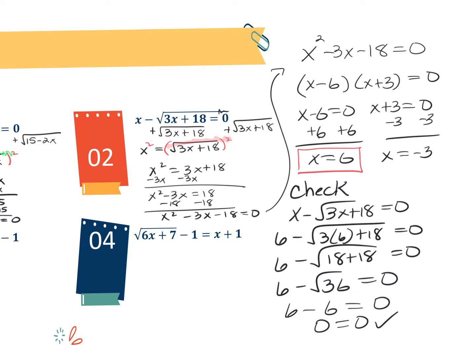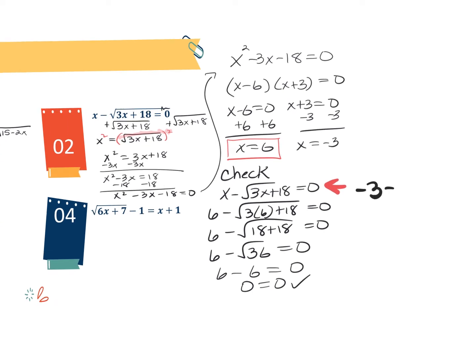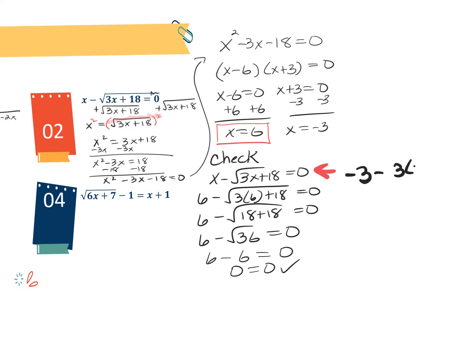Now let me try the negative 3. So again, I'm plugging it into this original equation. So I'm getting negative 3 minus the square root of 3 times negative 3 plus 18 equals 0.